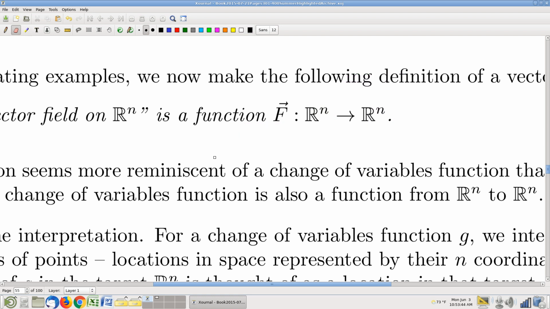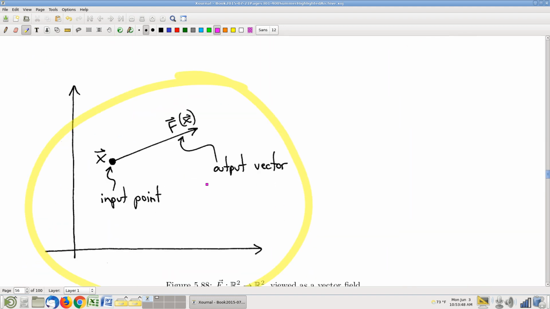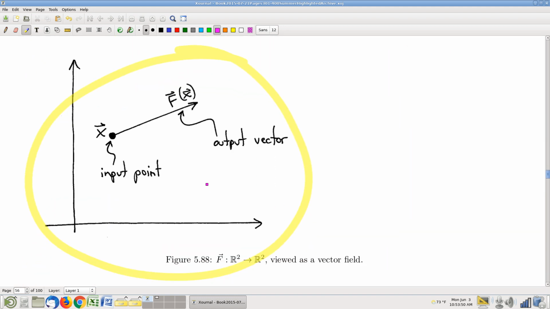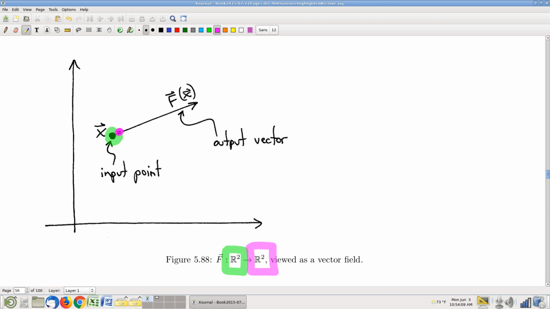And so a real quick picture. You give me a point in R2. Take that point in R2, plug it into your formula, capital F, whatever your vector field's name is, and out comes a vector in R2 that I think of as being the vector associated to that point.